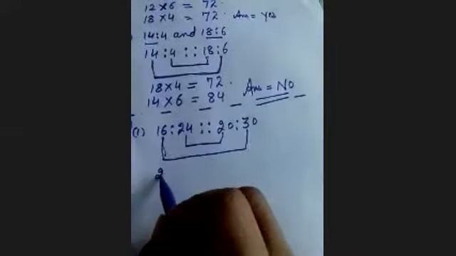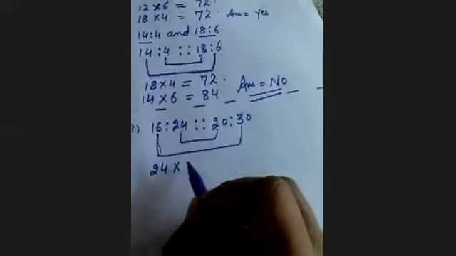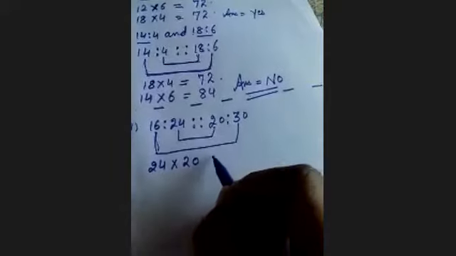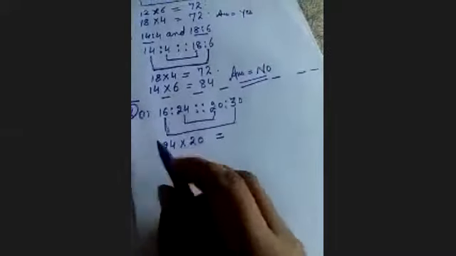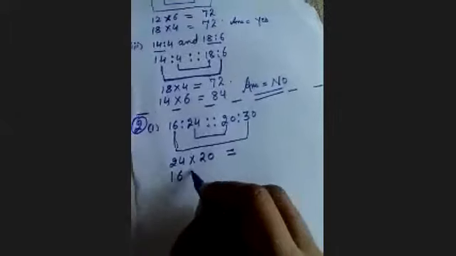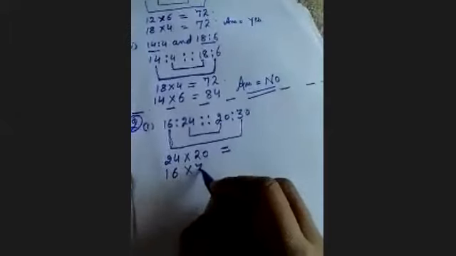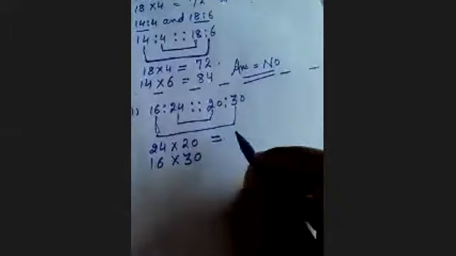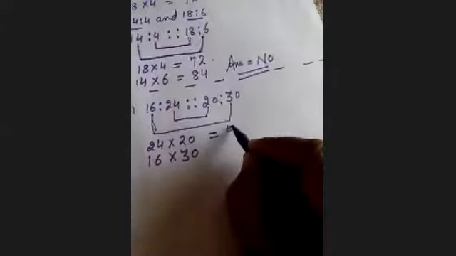First, 24 multiplied by 20 is equal to 480.